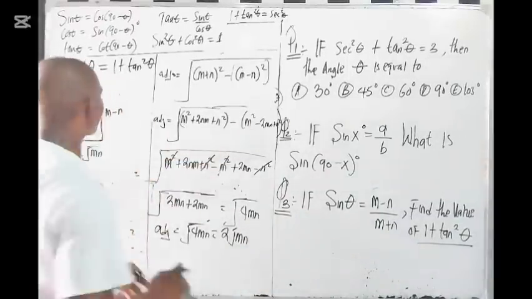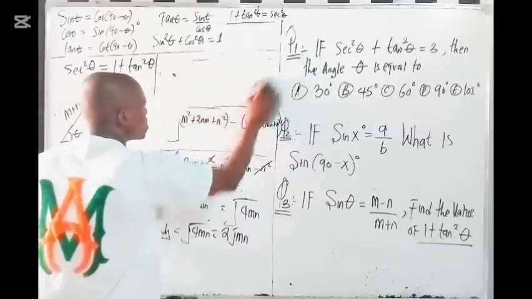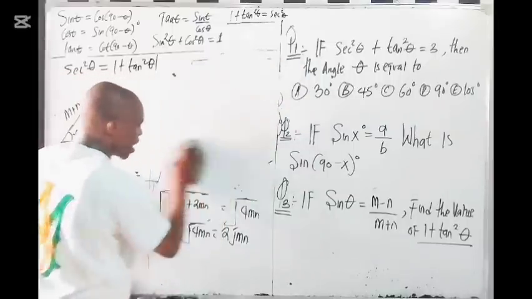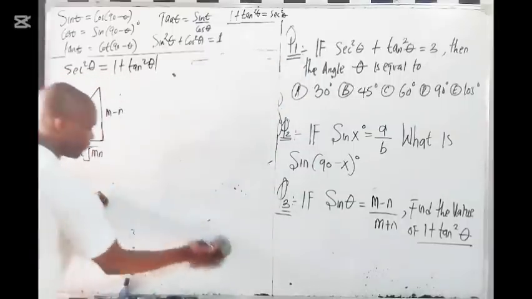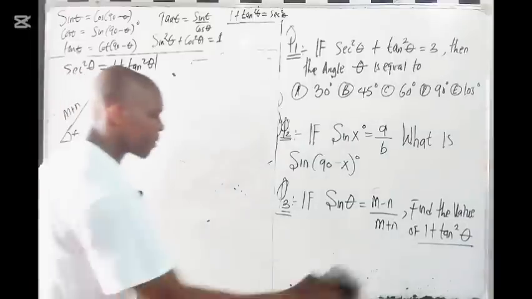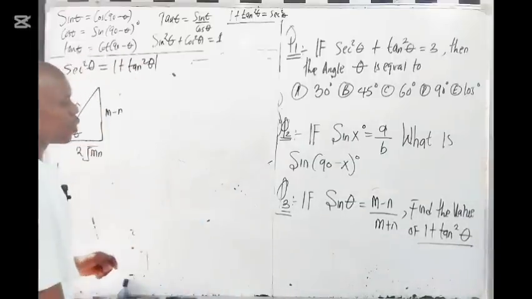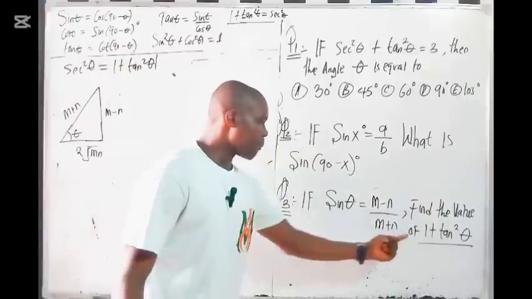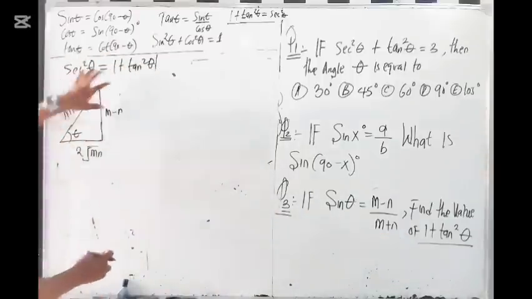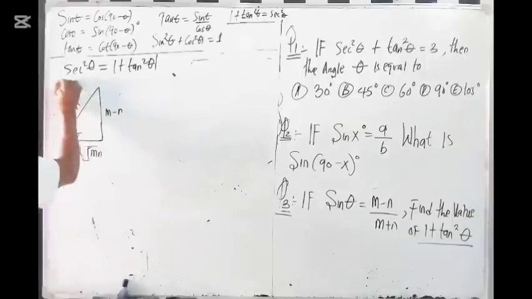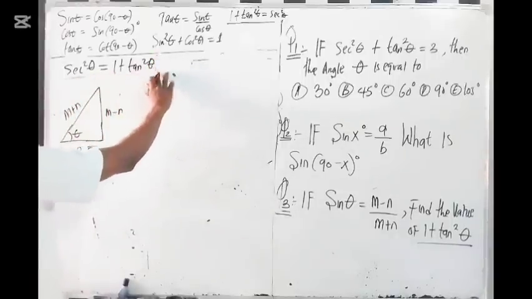Now, let's go over all this again that we have done. Very important. These are very, very important things. Remember, here they say we want to look for 1 plus tan square theta, right? But you know that sec square theta is already all these ones here.